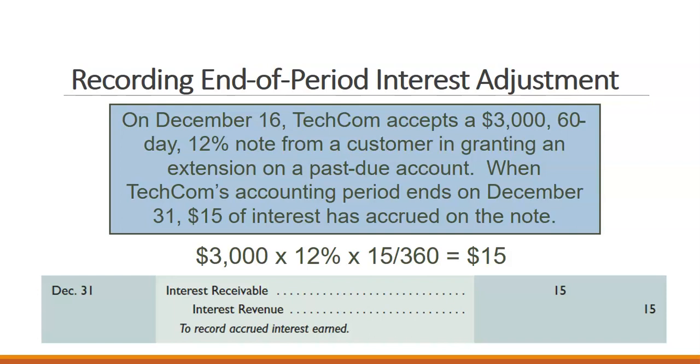So we have the $3,000 note at 12%, and there are 15 days between December 16th and December 31st, which means that as of December 31st, we accrue $15 worth of interest. We would have an interest receivable and interest revenue.